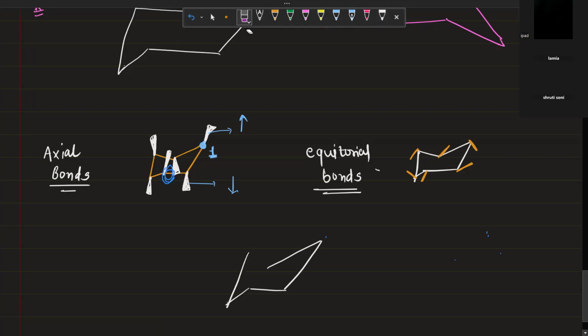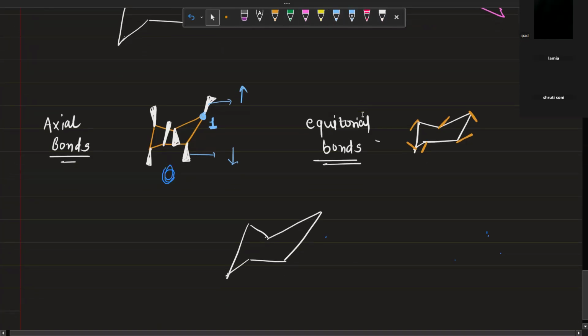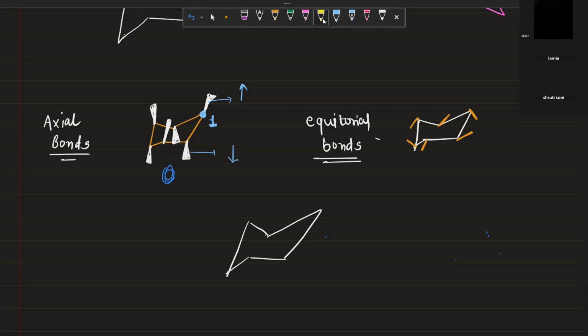Now what we are going to do is add axial and equatorial bonds in the same structure. So now see the trick which I'm using. I'll first draw all the axial bonds, because axial bonds are a little bit easier. Firstly, I'll give numbering to the carbons, starting with the first.